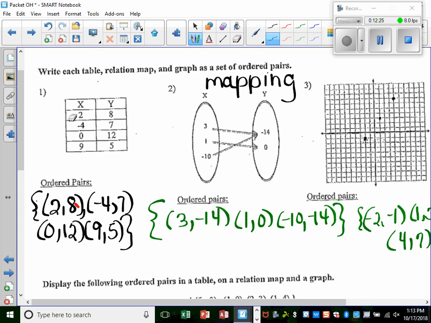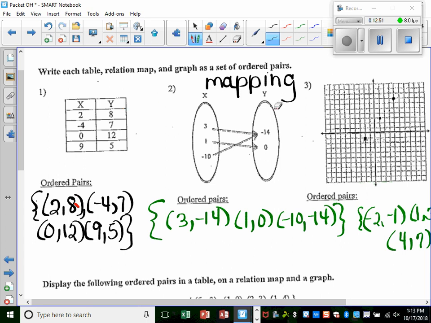So what they've done is they just want you to see you can have a table and you can list the ordered pairs. They're very easy to pair up when it's in a table because they're already paired together. So I've already done that. You might want to go ahead and write that down. 2, 8, -4, 7, 0, 12, and 9, 5.